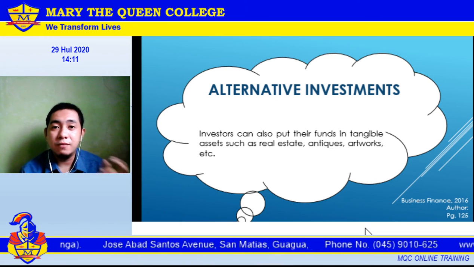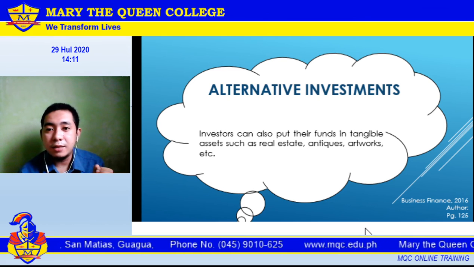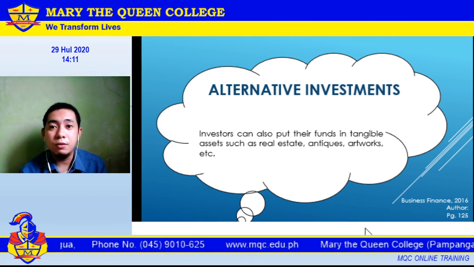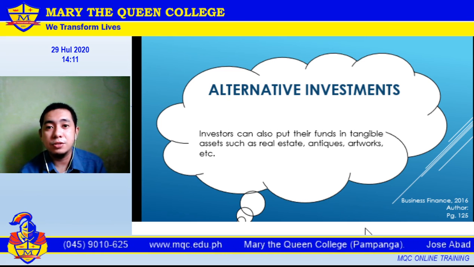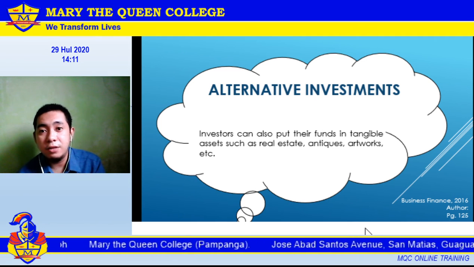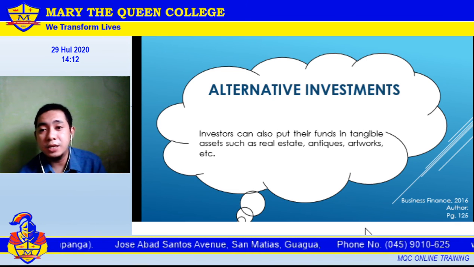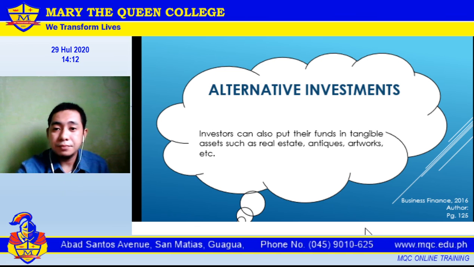No? Tumataas yung value nila and their rarity. And also, sa mga estates natin, sa mga lupa, habang tumatagal because of the zoning value nila and the current value nila ay tumataas, no? So it's a good investment, no?